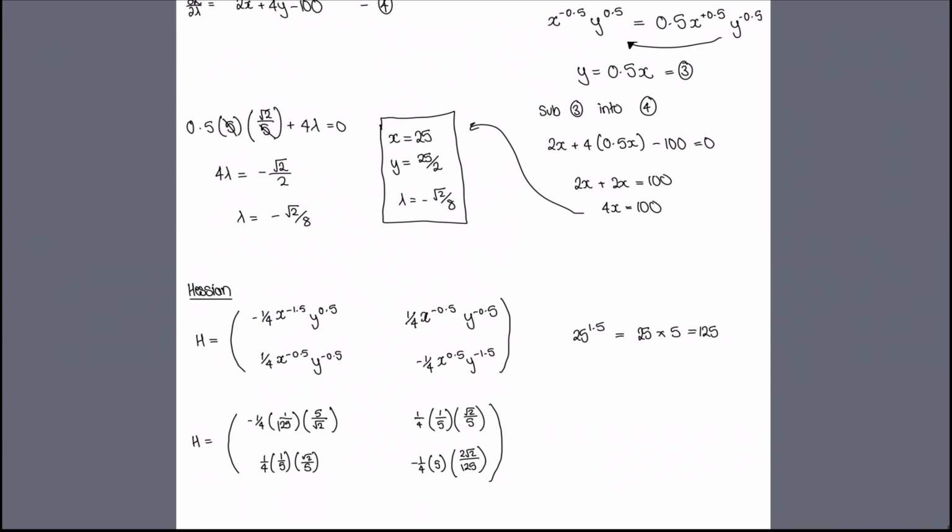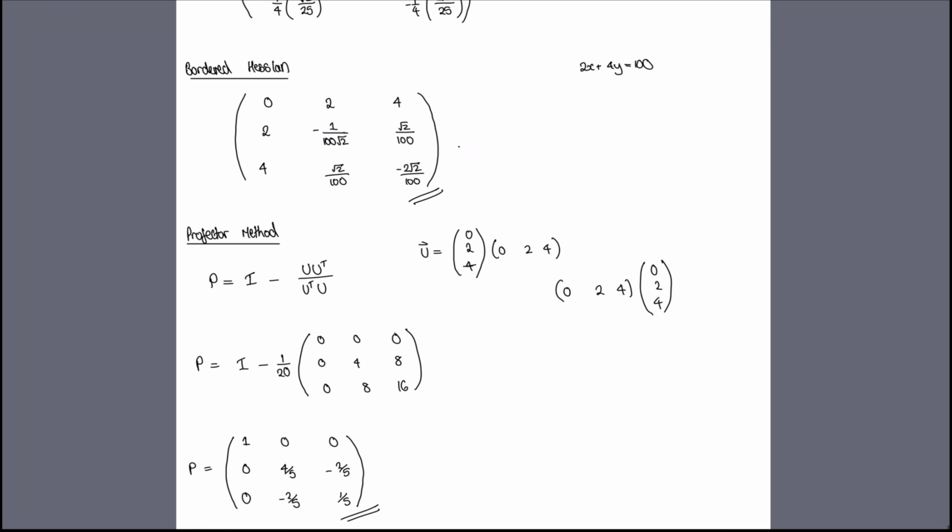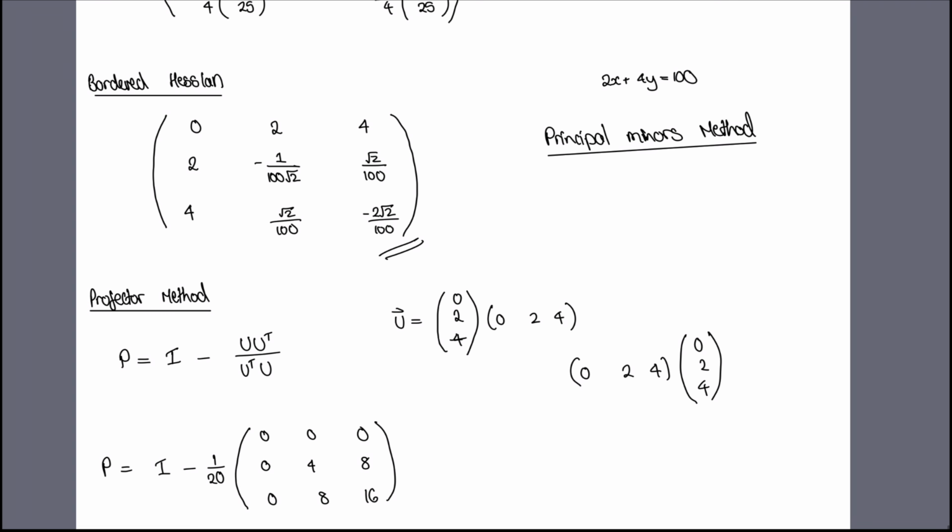So just to check this, what we can do is work out the determinant of the bordered Hessian, because that is what the principal minor method says to do. When we have two variables and one constraint, all we need to do is work out the determinant of the bordered Hessian and see whether it's positive. If it is positive, then we have a maximum.